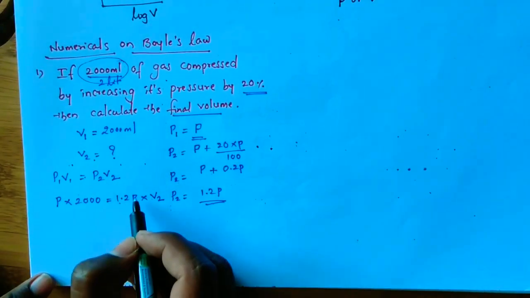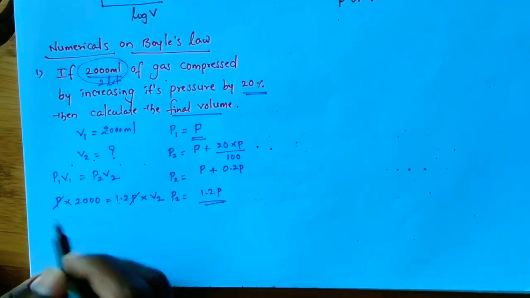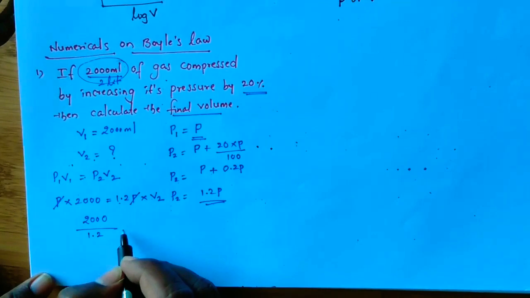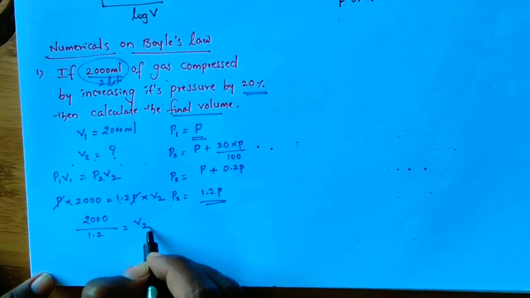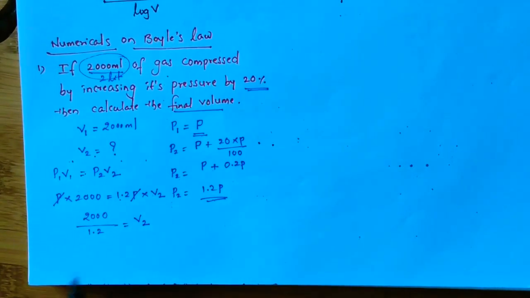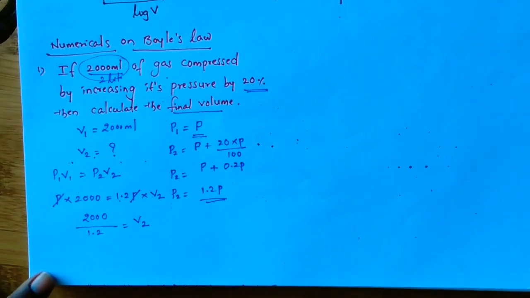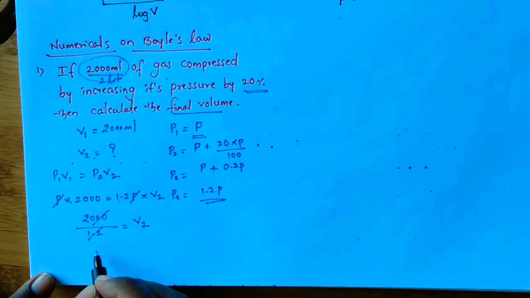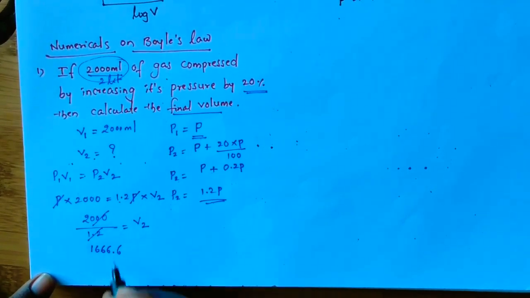Here this P and this P get cancelled, so 2000 by 1.2 is equal to the final volume. On simplification of this, you will get 1666.6 ml equal to V2.